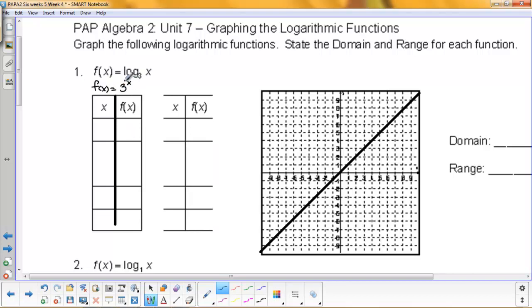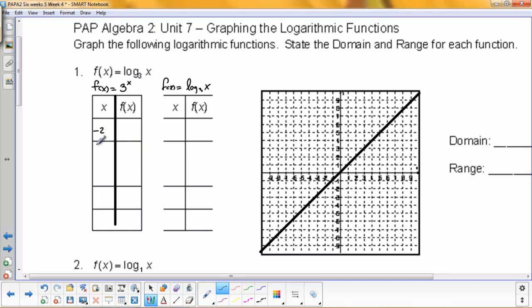We use the values from this table to create the original, which is f of x equals log base 3 of x. And then we can graph the logarithmic function. In example number 1, I will use two tables and I will graph both graphs. In the remaining examples, I will only use one, and that's the logarithmic table and the logarithmic graph.